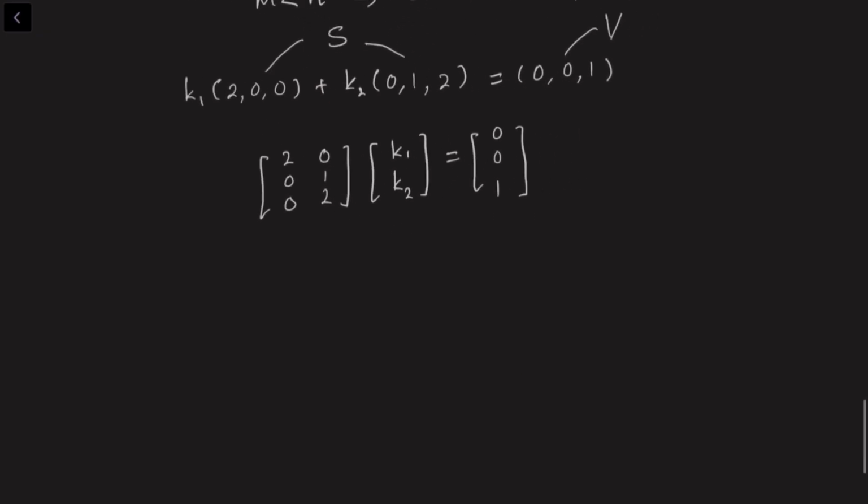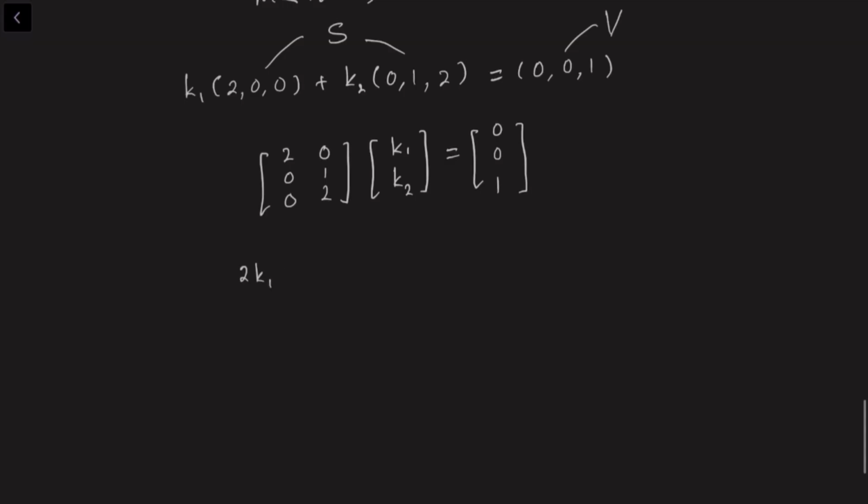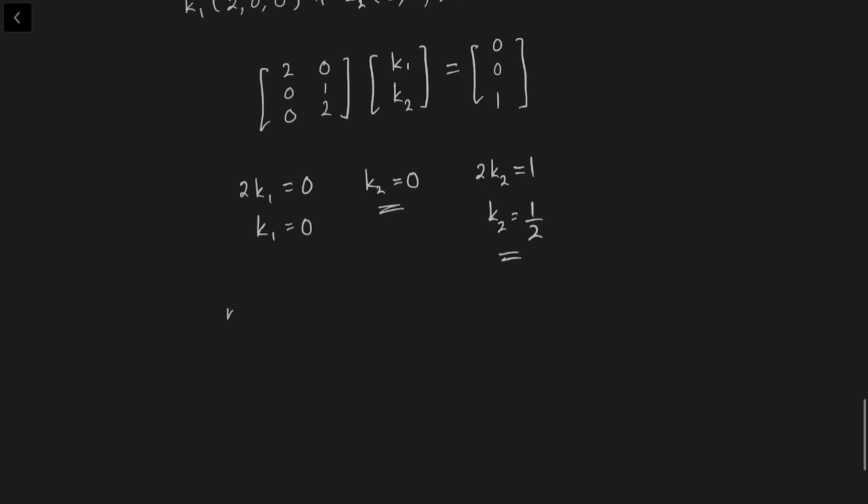The first equation tells us that 2k1 is equal to 0, so k1 is 0. And the second equation tells us that k2 is 0, but we have the third equation which says 2k2 is equal to 1, so k2 has to be 1/2. k2 can't be both 0 and 1/2, so there are no solutions for the system of equations.